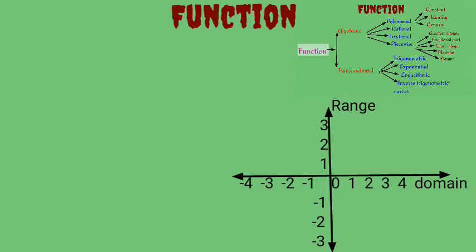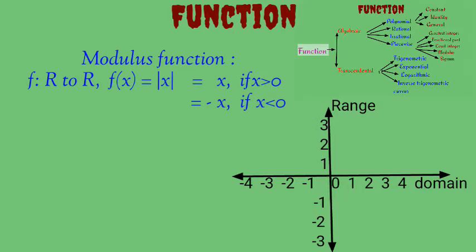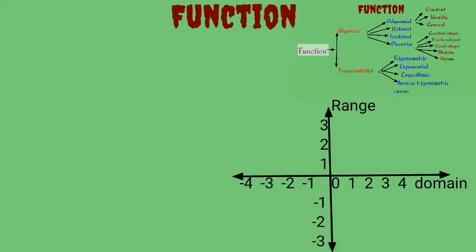Our next function is the modulus function, and another name available for this function is absolute value function. The definition is f of x equals x for x greater than 0 and f of x equals minus x for x less than 0. That means if you give any negative value to this function, it will convert it into positive, but if you give some positive value, it will be kept unchanged.